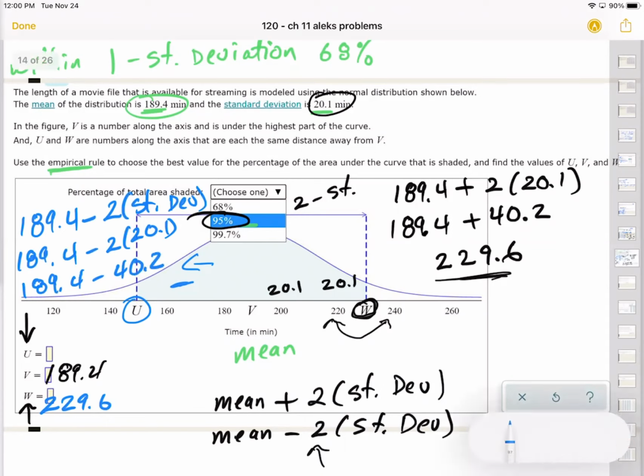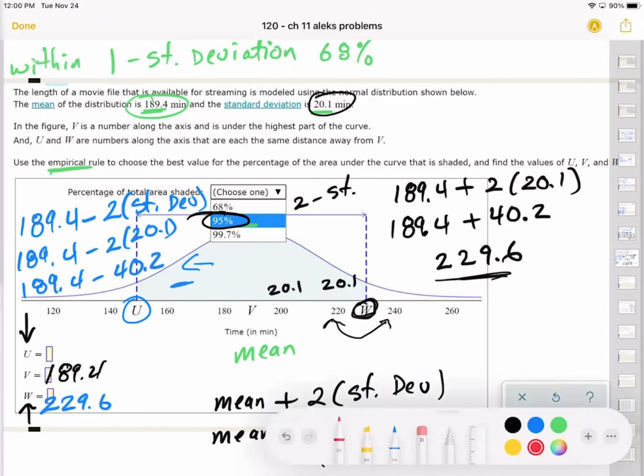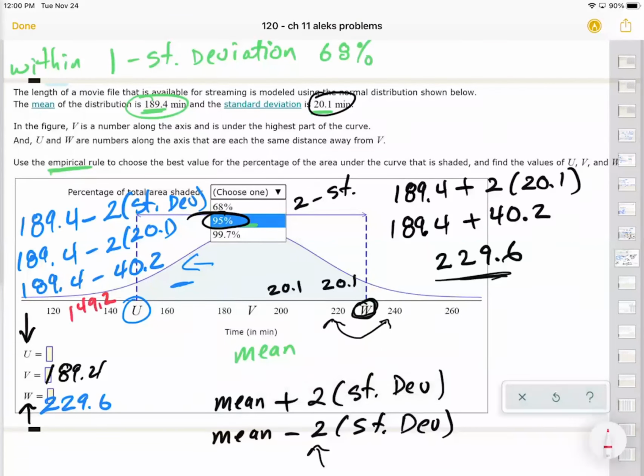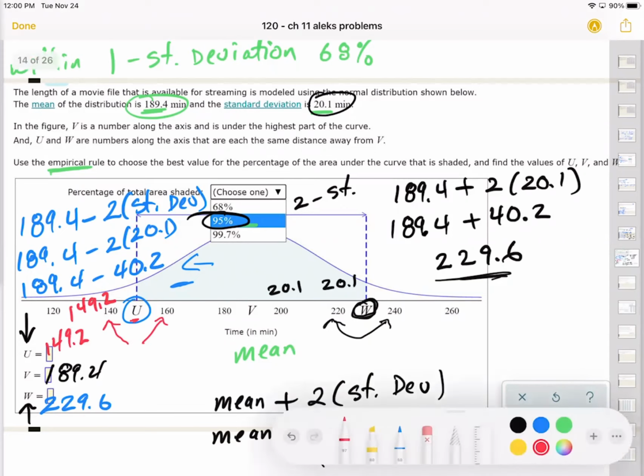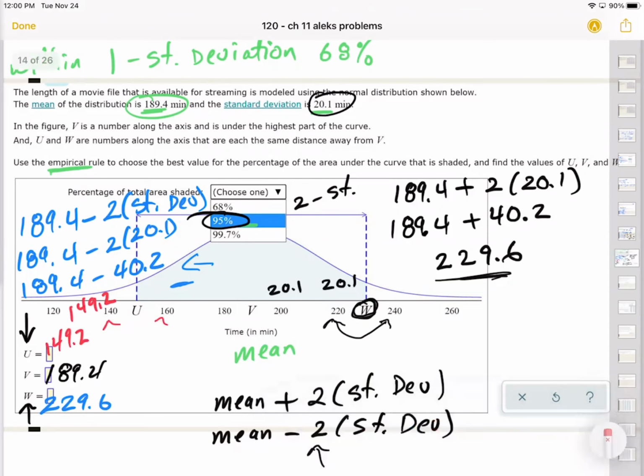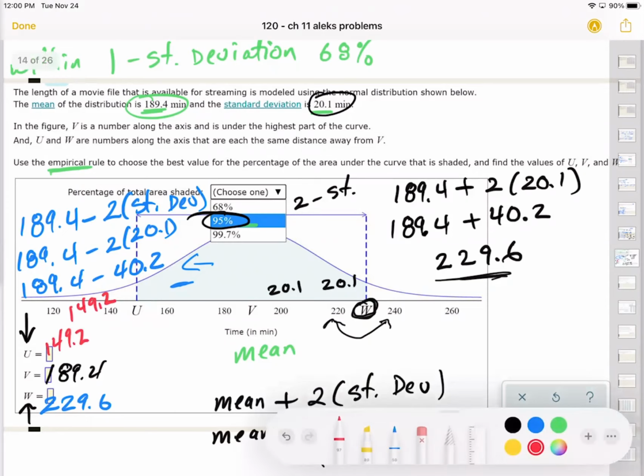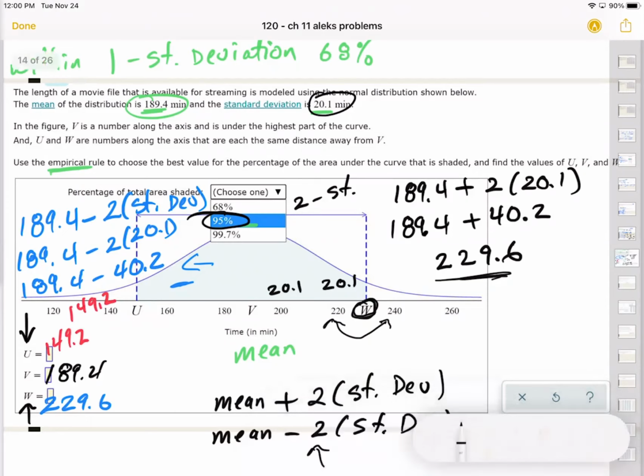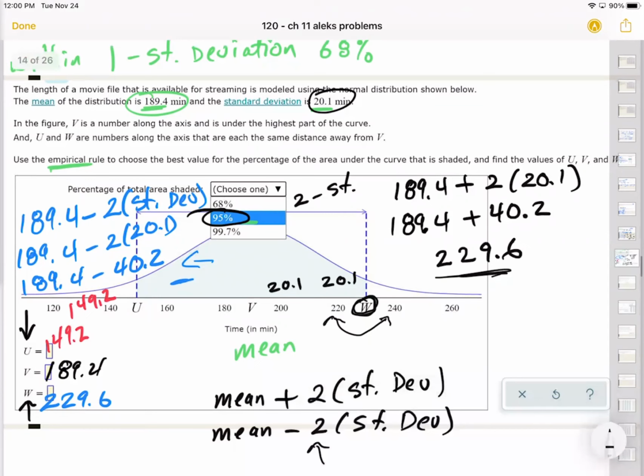If you subtract that, your answer should be 149.2, which is between 140 and 160. That's how we determine your U and your W. Okay, and again, let's take a look.